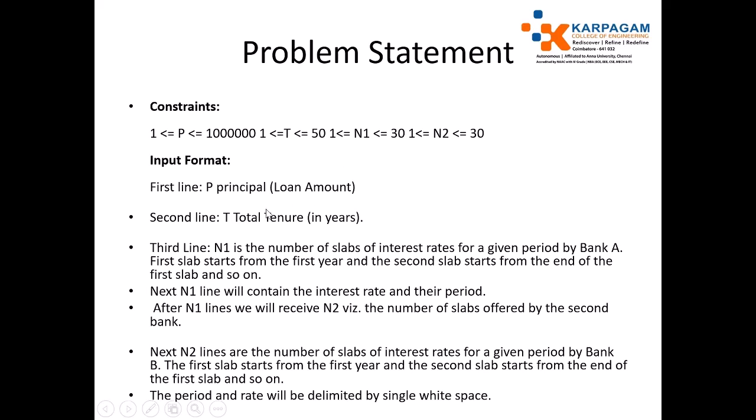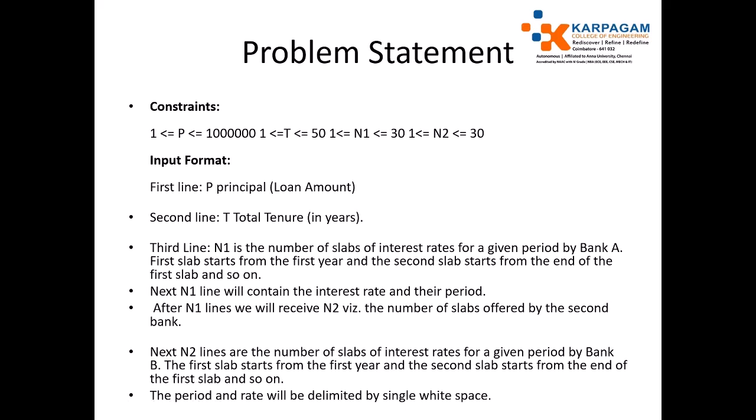The first line contains the principal amount, and the second line contains the total tenure. The third line contains N1, which is the number of slabs of interest rate for a given period by Bank A. The first slab starts from the first year, and the second slab starts from the end of the first slab, and so on. The next N1 lines will contain the interest rate followed by the period. Two inputs are given for every line.